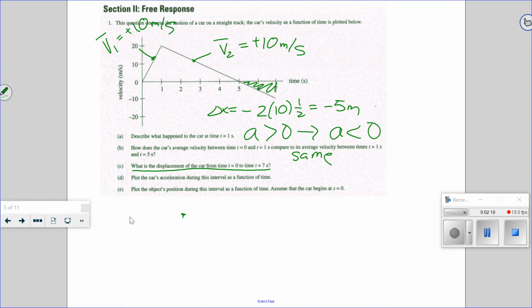Negative 10, and the base is 2. So 2 seconds, 1/2 base times height is negative 10. Negative 10 total. So 1/2 base, here the base is 5, the height is 20. 1/2 base times height. So you might think it's plus 50, but it's plus 50 minus 10. So plus 40.